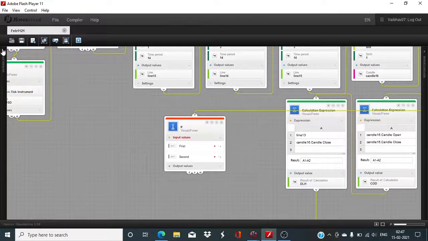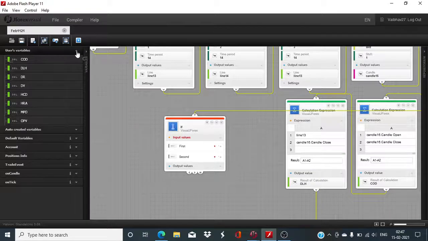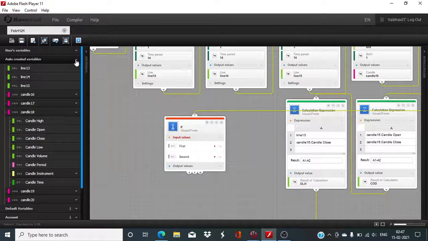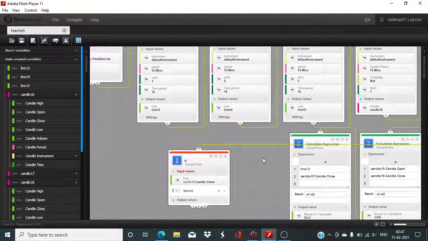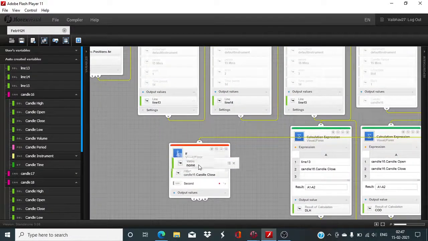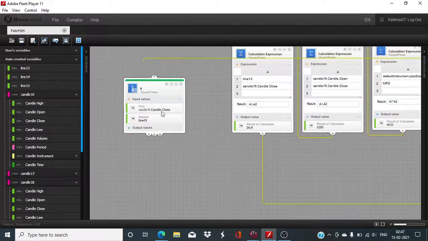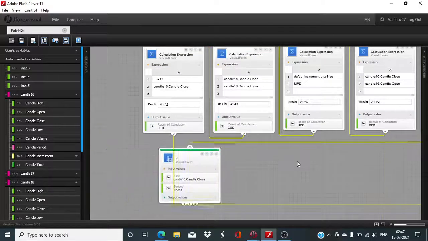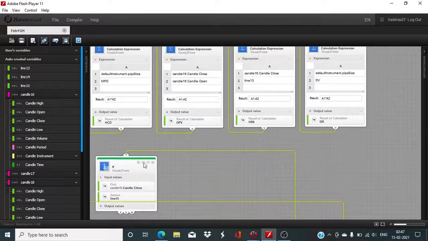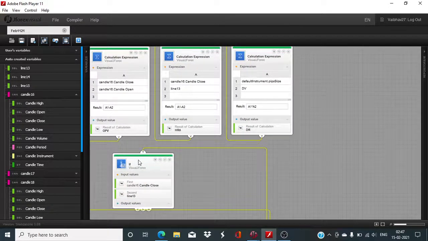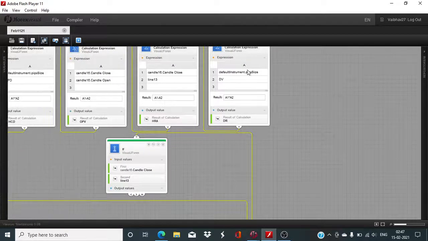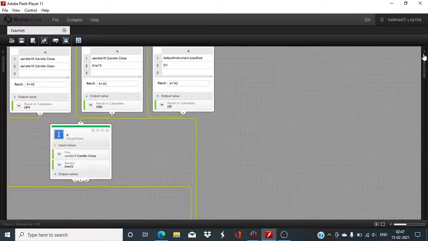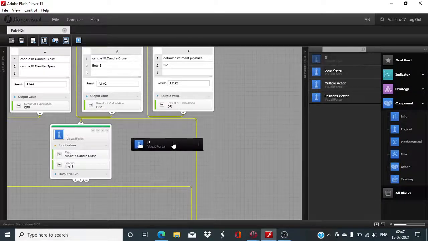So candle 16 candle close should be below line 13, and then comes the point of defining the exact entry and exit, which is going to be the last 15 minutes candle close. Whenever the price starts to drop below that, the new sell trade should be initiated.